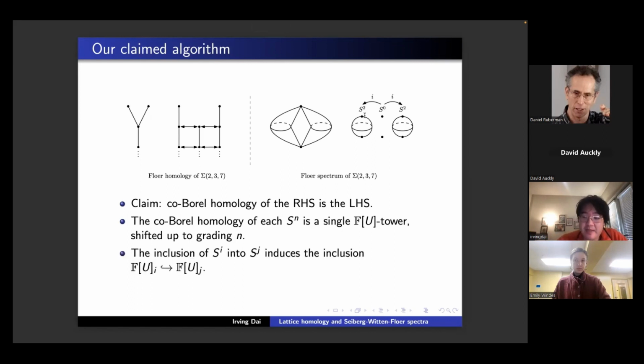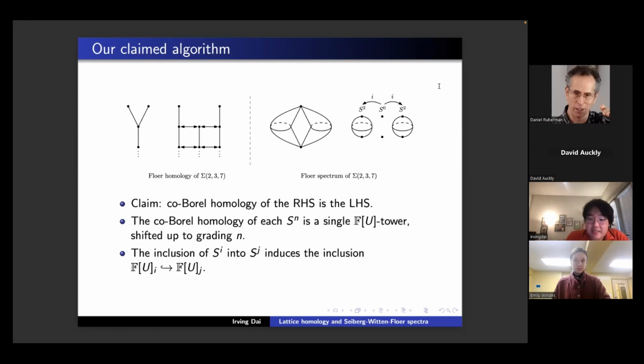And of course, when I glue these 3 things together, what will happen is that essentially I identify these F[U] towers as subtowers of the other. So it's not very hard to see that if I have an inclusion of one sphere into the other, then on the level of co-Borel homology, that induces the inclusion of one tower as a subtower of the other.